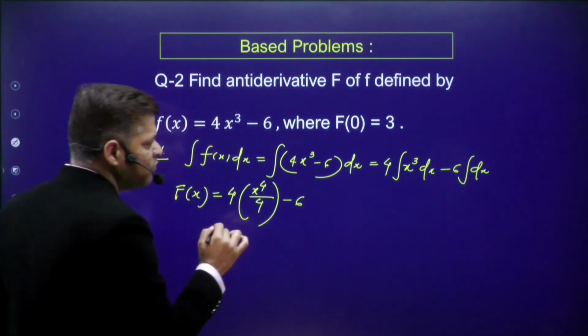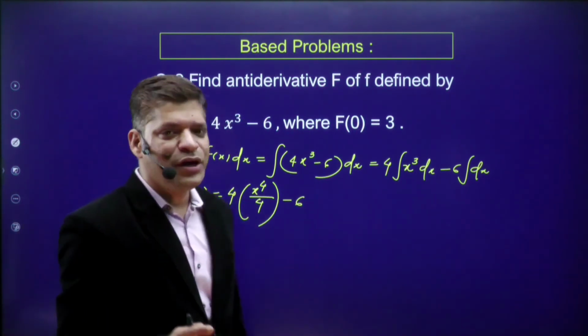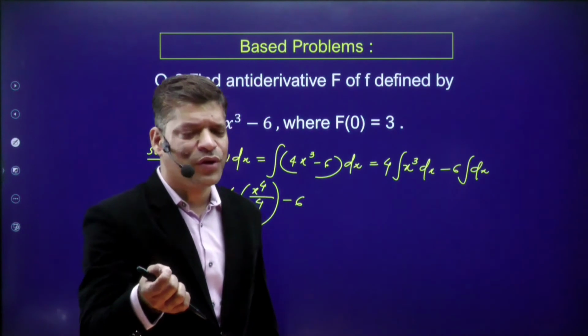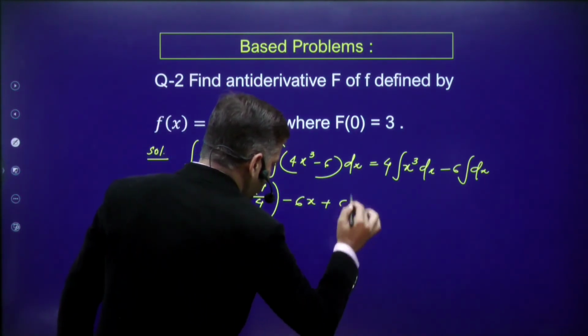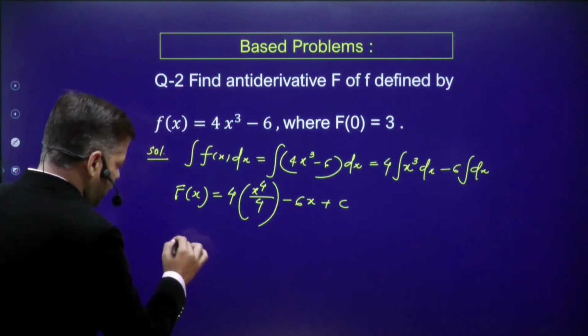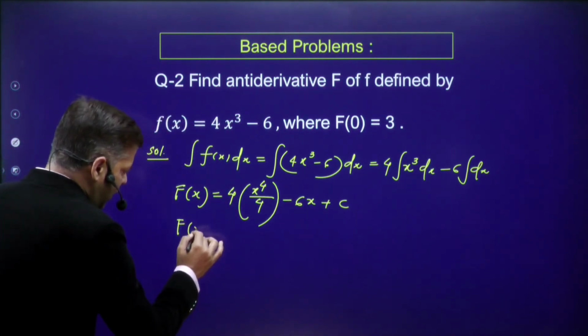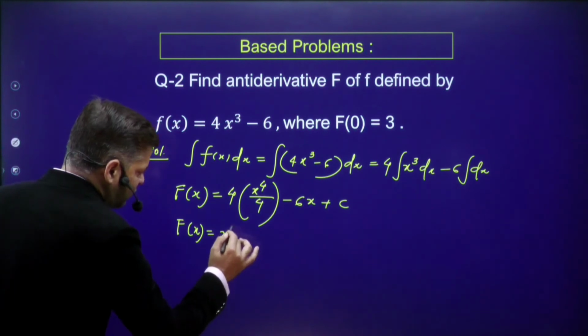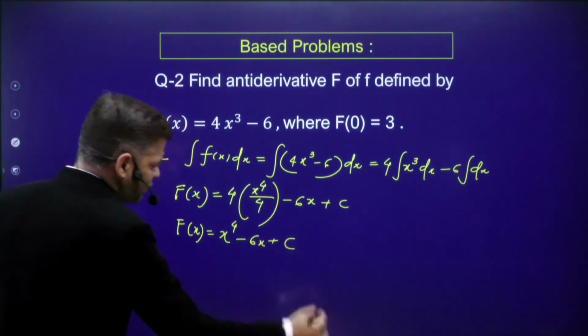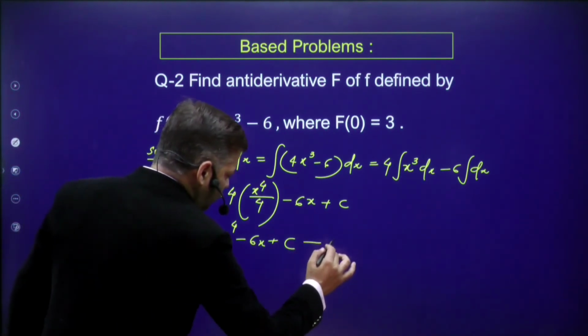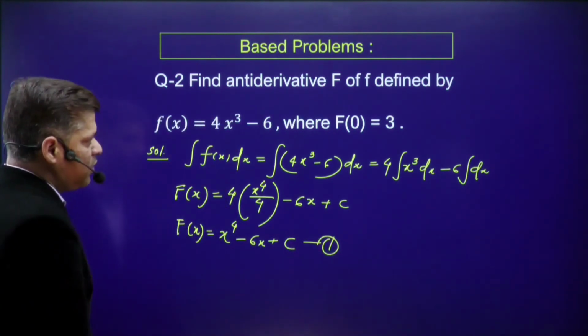Minus 6 is a constant, and integration of dx is x, so we write x plus constant of integration c. Finally we found that capital F(x) is x raised to the power 4 minus 6x plus c. This is equation number 1.